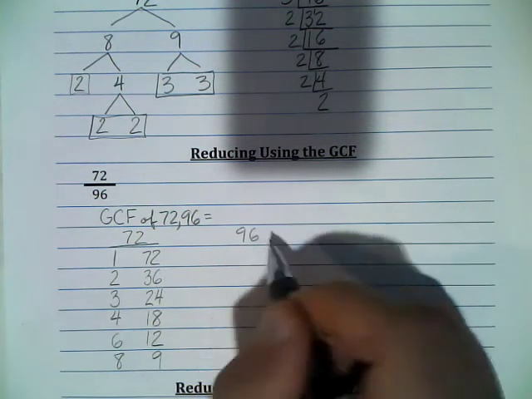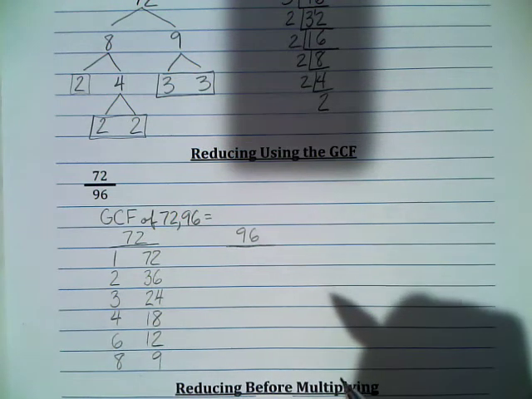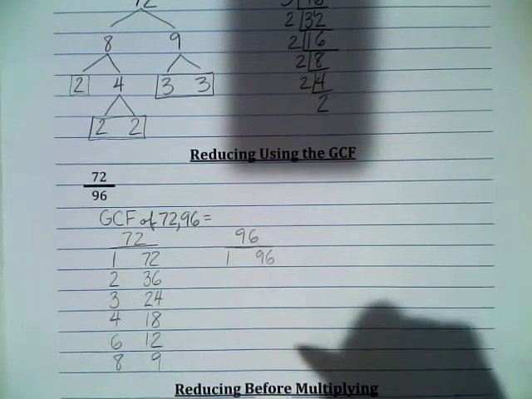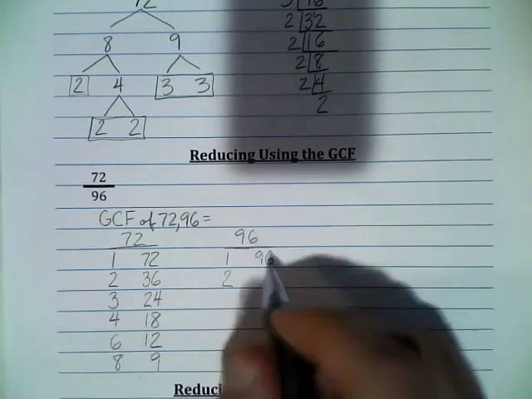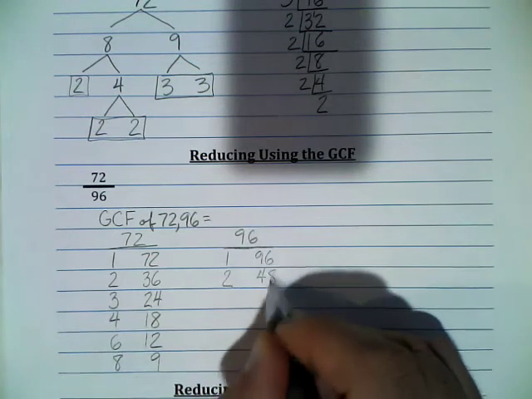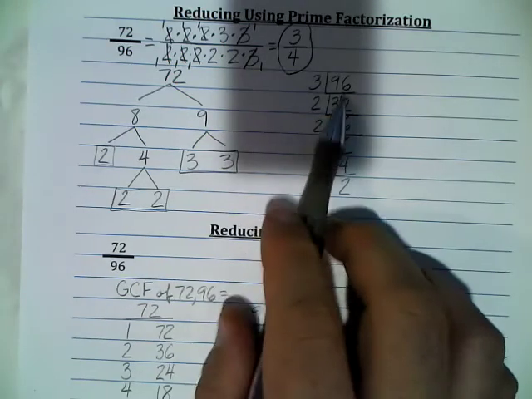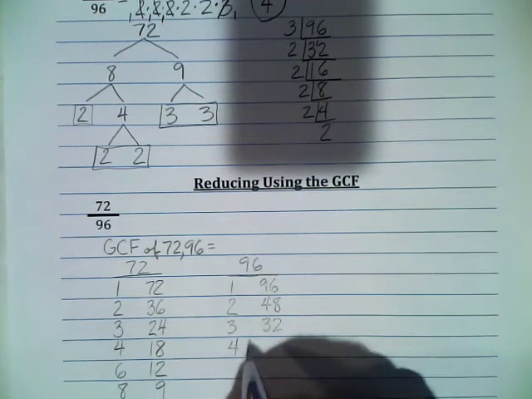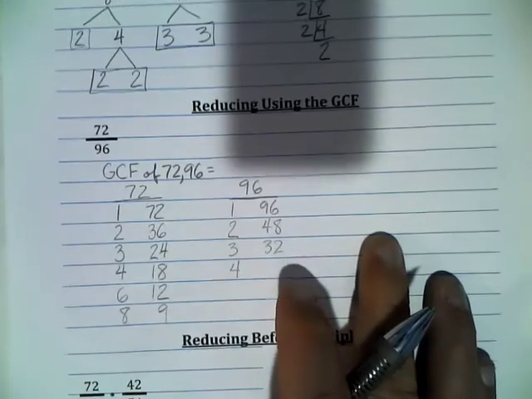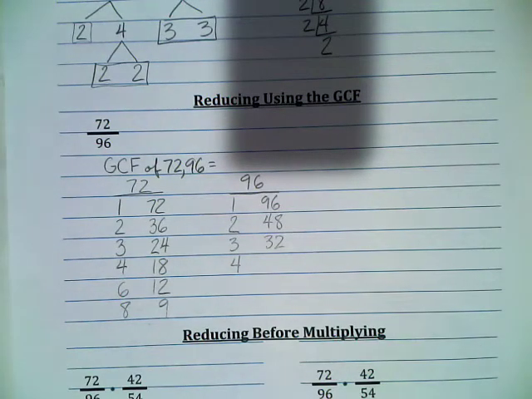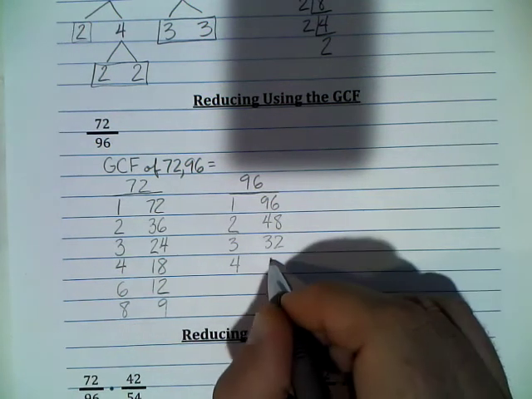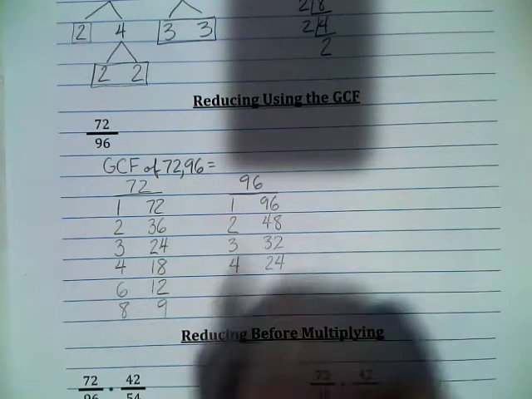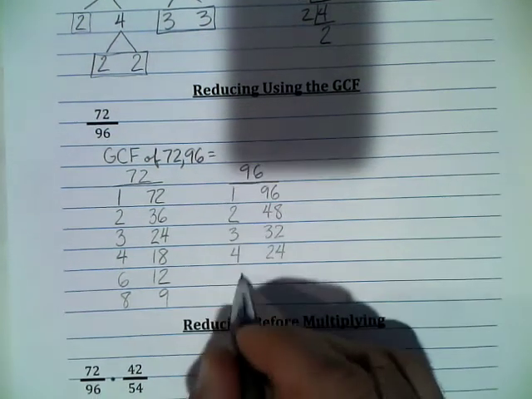Now I'm going to look for the factors of 96. So for the factors of 96, we start with the factors, 1 and 96, and then we count. 2 we know goes into 96, it's even, so it goes in 48 times. 3, we just did that up here, we know 3 goes in 32 times. 4, well remember it's 4 groups of 25 is 100, and this is just one group of 4 less than that, so 1 less than 25 is 24. 5 does not because it doesn't end in a 0 or 5. 6 does because we know 2 and 3 both work.